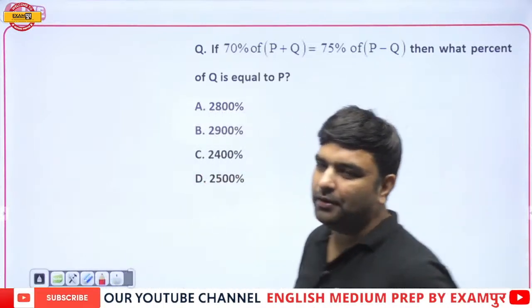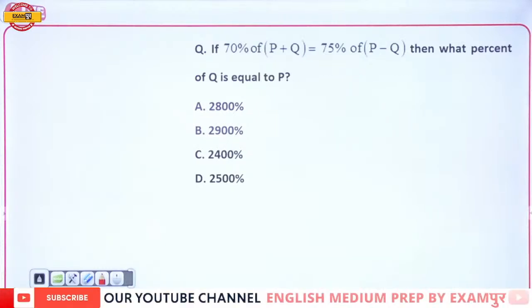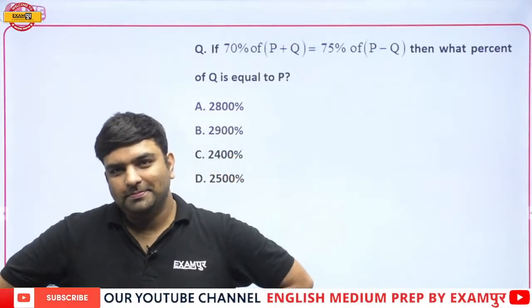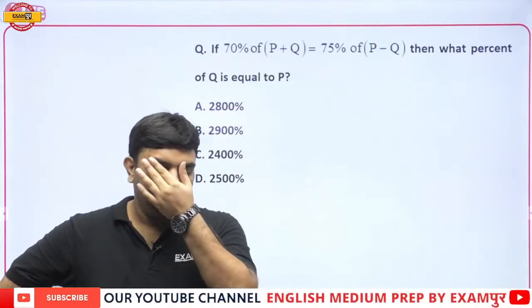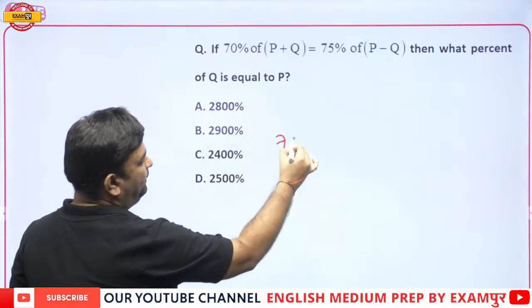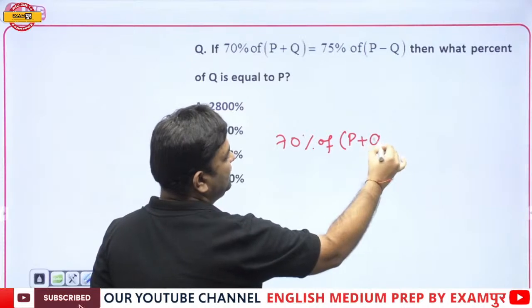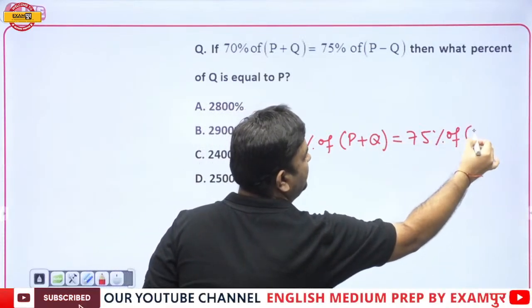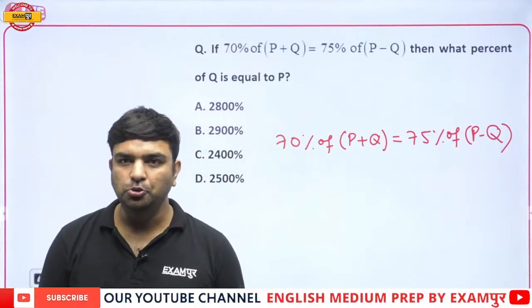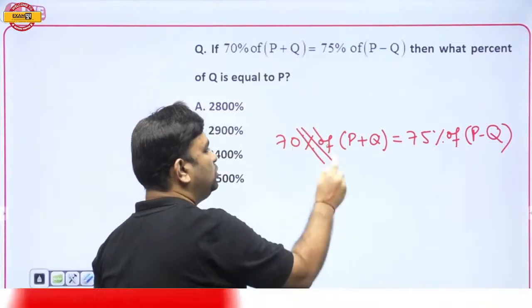Now, guys, some much better questions will come. Sudeep is answering it. 70% of P plus Q is equal to 75% of P minus Q. Guys, we have studied in our childhood that on the opposite side of equal to, we can simplify the things.